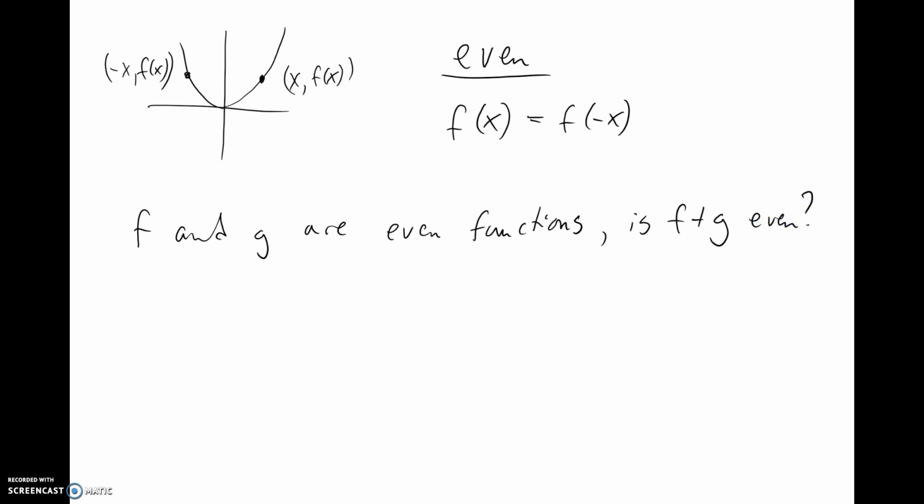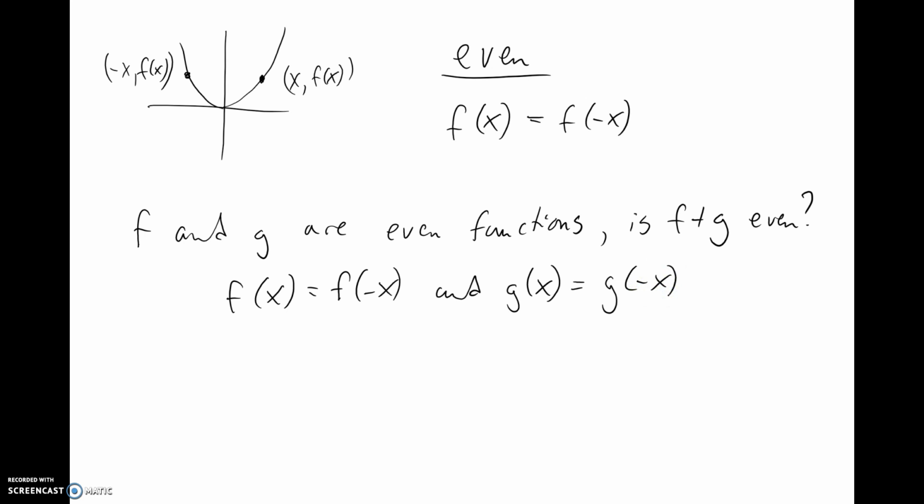If we take a look at the definition that we have up top there, we know that f of x is equal to f of negative x, and we know that g of x is also going to have that same symmetry, g of x equals g of negative x, because it's also even.